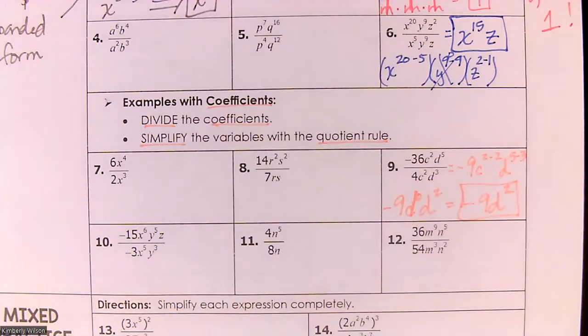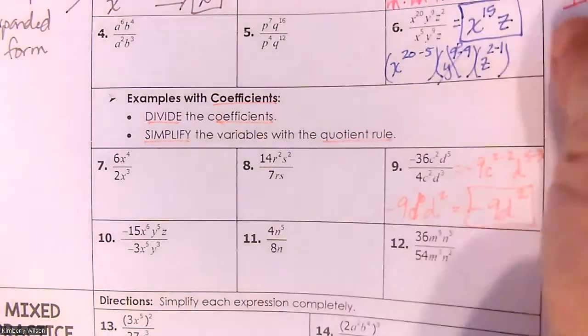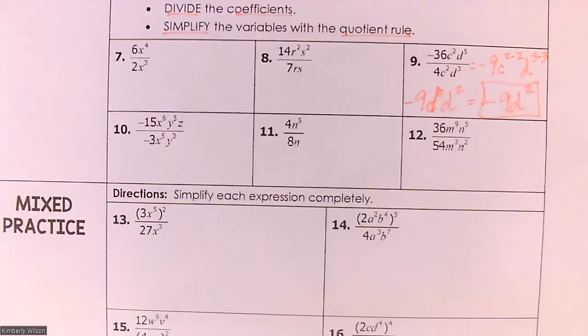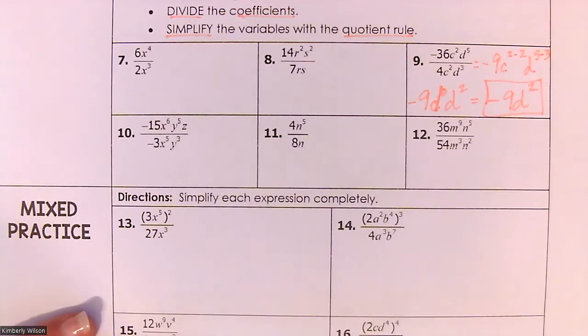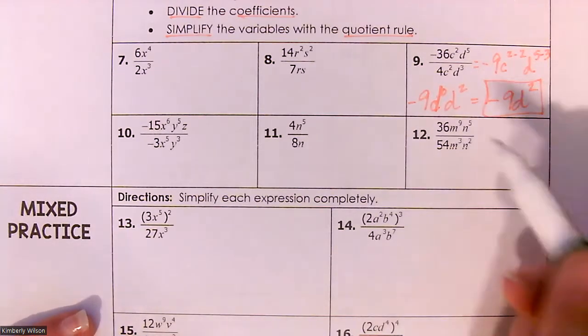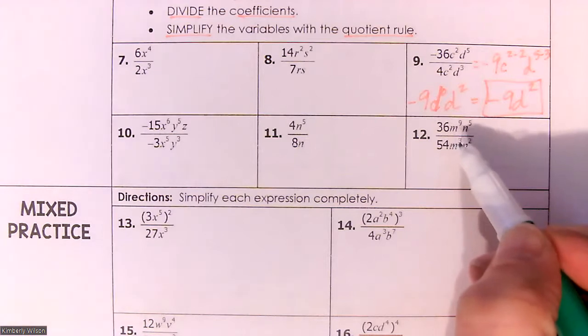Okay, next example. Number 12. Let me move the paper up a little bit. So now with this one, 36 is not divisible by 54, so I have to simplify.